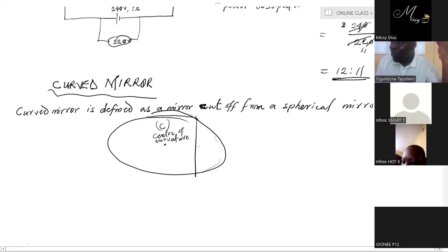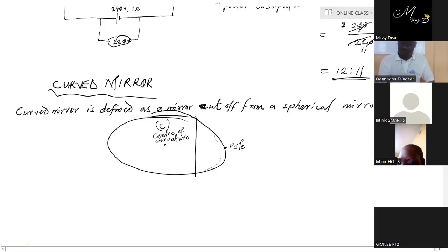The center of the curved mirror will be defined as pole. But we are not there yet, so that one is pole. That's the center of the curved mirror, but the spherical mirror is the old one that you cut the curved mirror from.